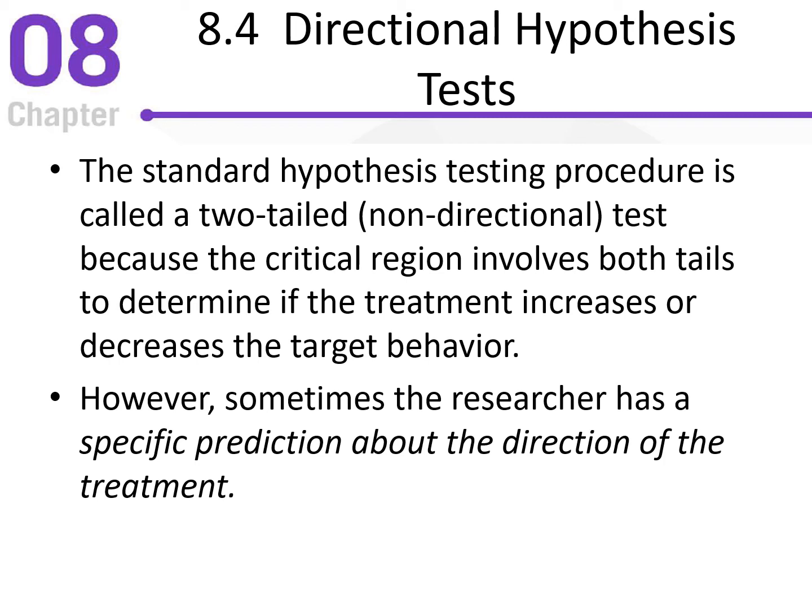Most of the stuff is non-directional. And if you use directional, you better have a really good reason for using it. Not other than, well, it's easier to reject the null hypothesis with directional hypotheses. That's not a really good reason for using it. Most researchers want to use non-directional because when you publish, there is a lot of skepticism about using directional tests.